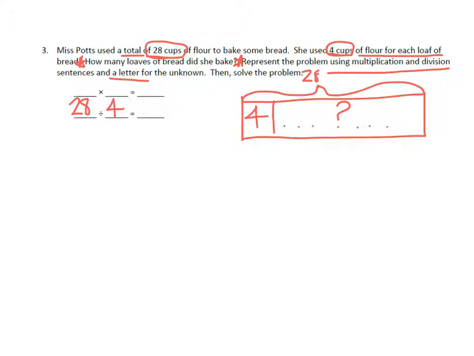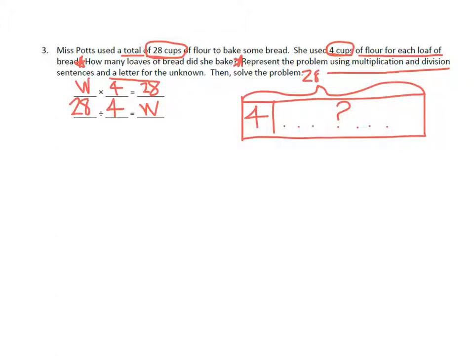So instead of using a question mark, they want me to use a letter. So I am just going to pick a letter and we'll say W. Now, if I had the multiplication, it would be W times 4 is equal to 28.